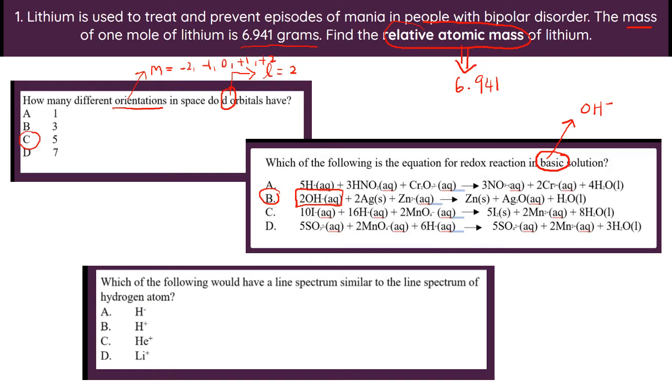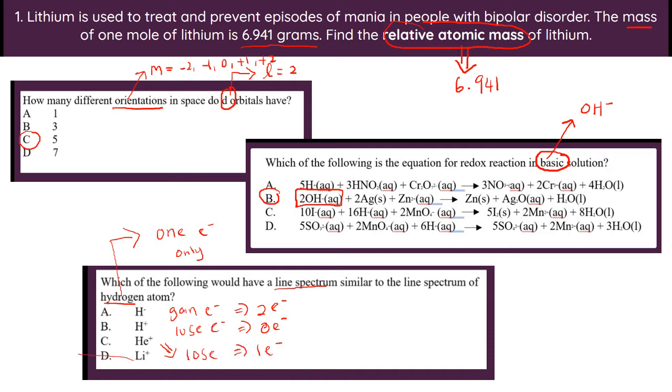Next, which of the following would have a line spectrum similar to the hydrogen atom? As we know, a hydrogen atom contains 1 electron only. H negative means it gains an electron, so it ends up with 2 electrons, while H plus loses an electron, so it ends up with 0 electrons. Helium contains 2 electrons, so He plus loses 1 electron and becomes 1 electron.